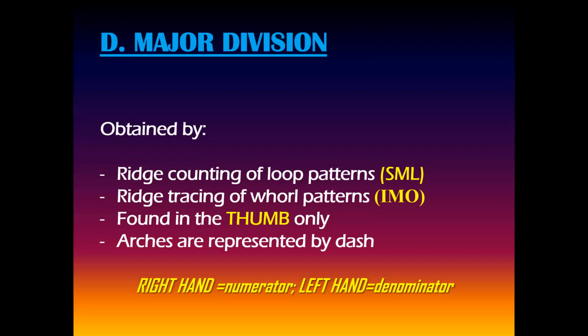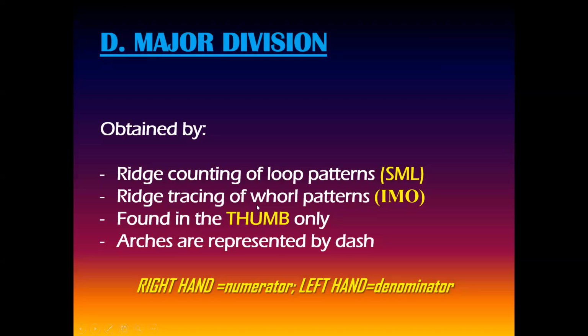Okay, so we have here the major division. For the major division, as we have mentioned, we are only interested in the fingerprint pattern appearing on our thumb. If the pattern appearing on our thumb are loops, then we make use of the symbols small, medium, and large.